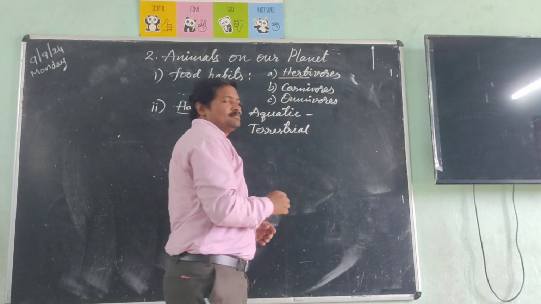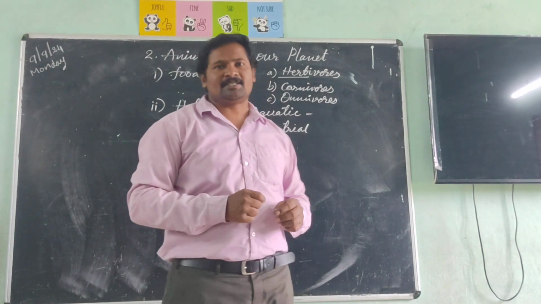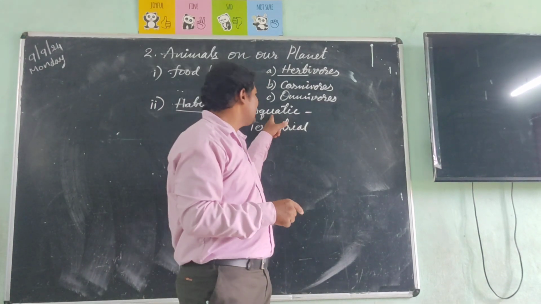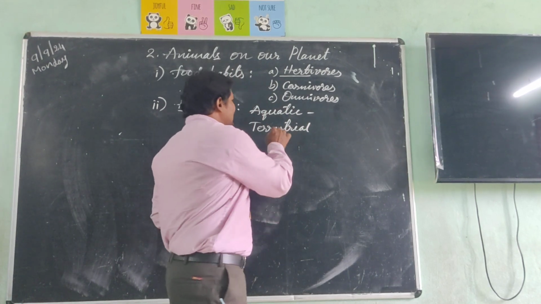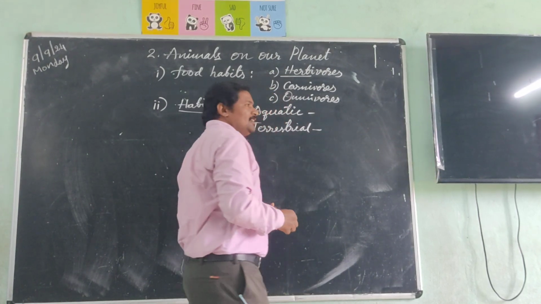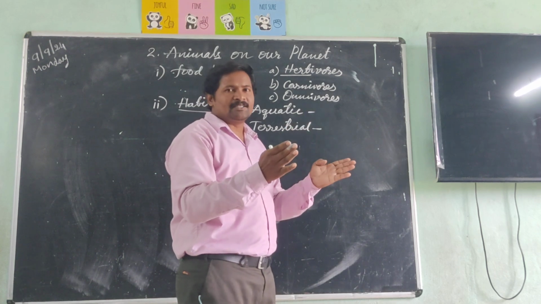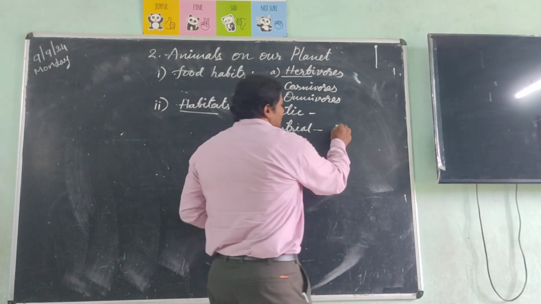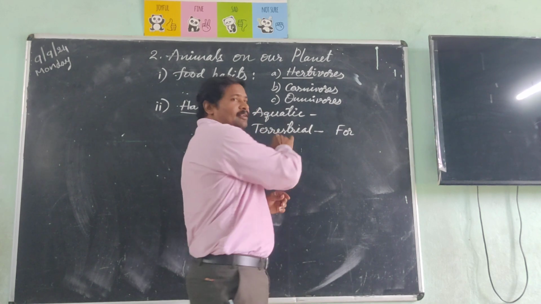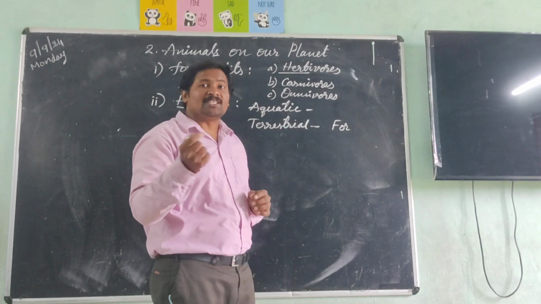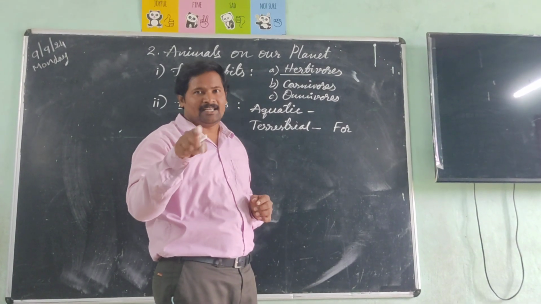Aquatic means water animals. Animals which are living in the water are called aquatic animals. And here terrestrial is again classified into different types. Terrestrial means the animals which are living on the land.